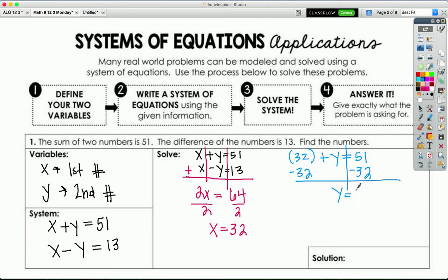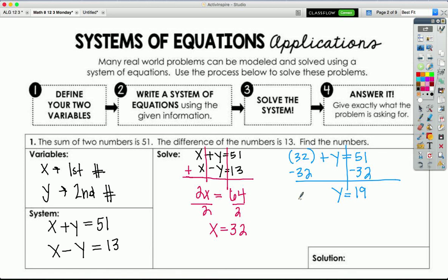19. Okay. So if this was just a regular system, we would write it as an ordered pair. But since it's an application problem, we need to answer it with words. We need to actually answer the question being asked. So we said that x was the first number and y was the second number.